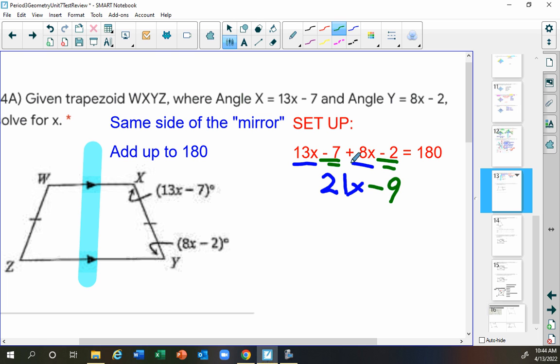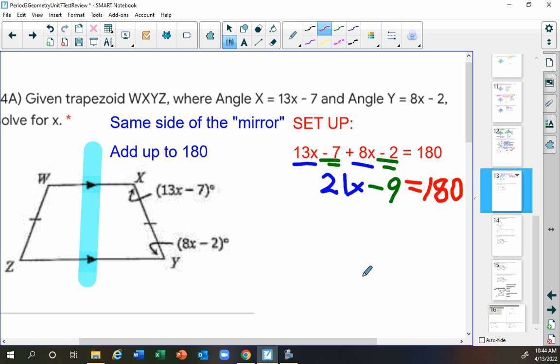So rather than 5x plus 5, you're really at 21x minus 9 equals 180. And then at this point, you're able to solve for x.